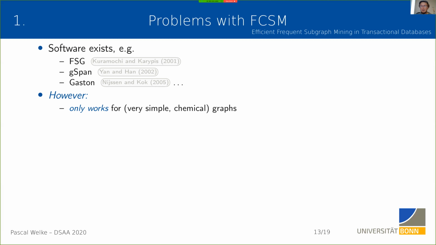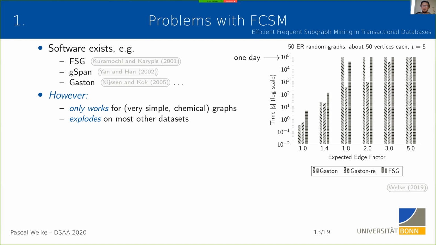And the thing there is that these chemical graphs only have very few additional edges on average, like 3, 4, 5 more edges than vertices on average. And hence I would call them very simple in a way. And once you go beyond these very simple graphs, the runtime and space requirements explode.